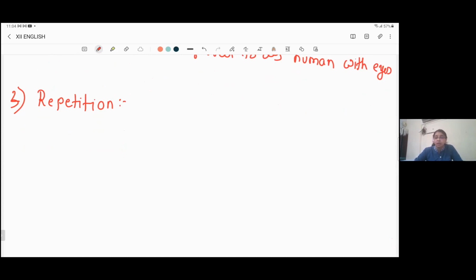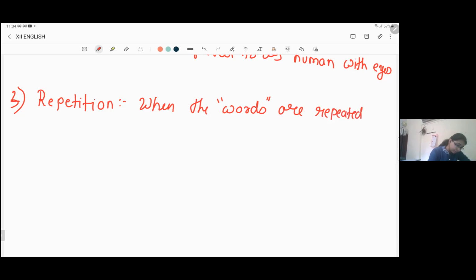And repetition in figures of speech means what? The words are repeated in particular stanzas. Clear? Now, you can write: the words are repeated. Clear?